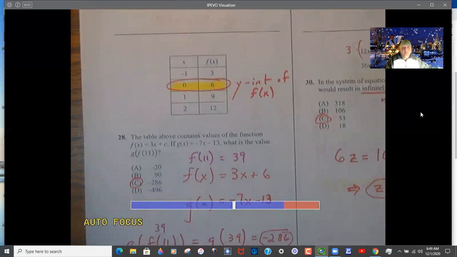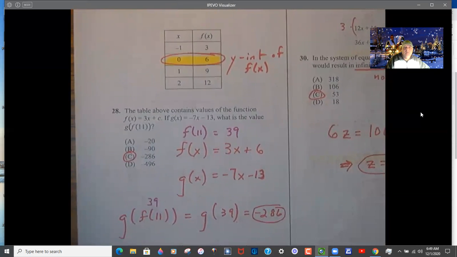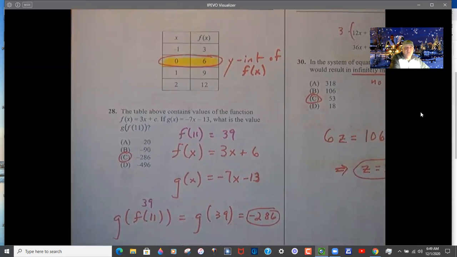All right, so we have another linear function escapade here, we'll call it. Looking at the table, the y-intercept of f of x is 6, so we can say 3x plus 6 there. And g of x is negative 7x minus 13. What is the value of g of f of 11?